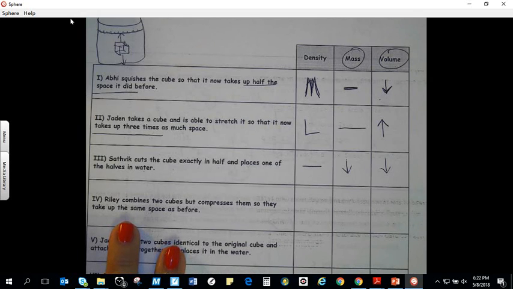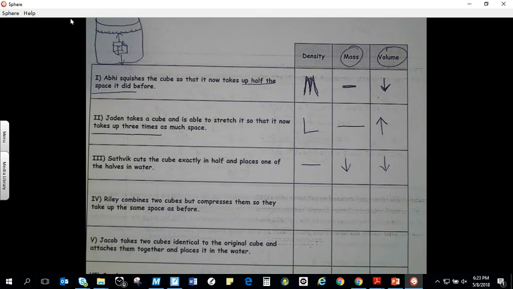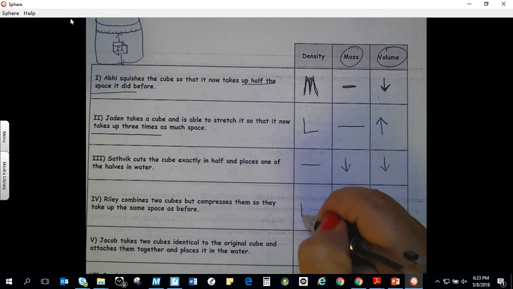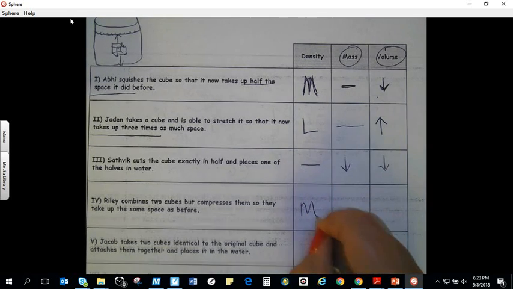Riley combines 2 cubes but compresses them so they take up the same space as before. Okay, what happens to the density? Well, he's got 2 of them. He's squishing them so they're more compact. So it's more dense than it was before.